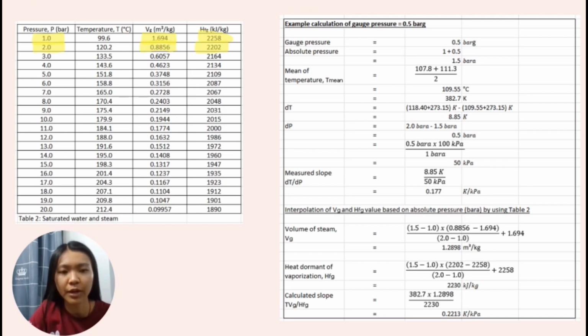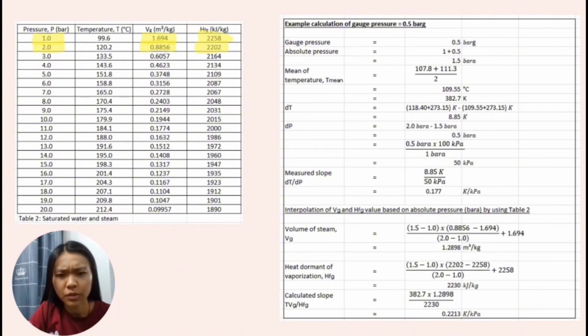At 1.5 bar absolute, the difference in temperature is the average temperature at 2.0 bar absolute minus average temperature at 1.5 bar absolute, equals 8.85 Kelvin.